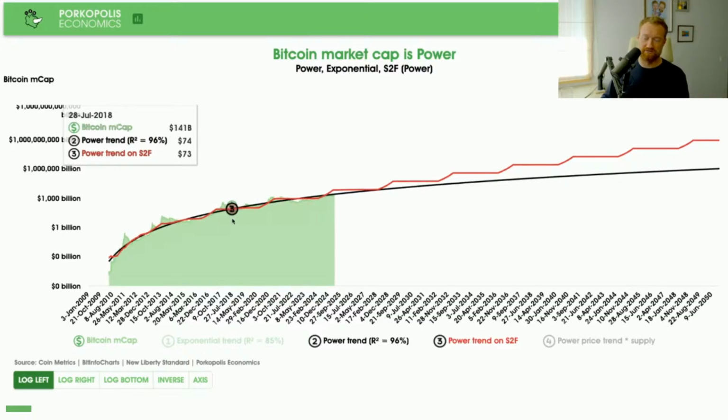For the stock to flow curve, it's taking the all-time stock to flow values, which were very low back here when Bitcoin was increasing very high, a couple hundred thousand or a million Bitcoins a year in the early days, then a couple hundred thousand, and so on. And now quite a few less per year. In dollar terms, it's still less than $20 billion a year, something to think about.